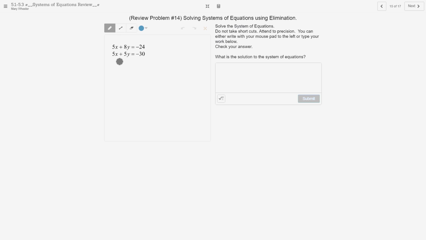All right, here I don't have opposite, I just have the same. So I'm going to multiply the bottom equation by negative 1. So I'm still going to have 5x plus 8y equals negative 24, and negative 5x, because what I'm doing is multiplying by negative 1, minus 5y equals 30. Now I'm going to add both of those together, and I get 3y equals 6. Divide by 3.